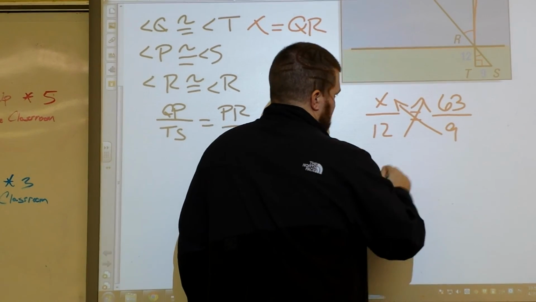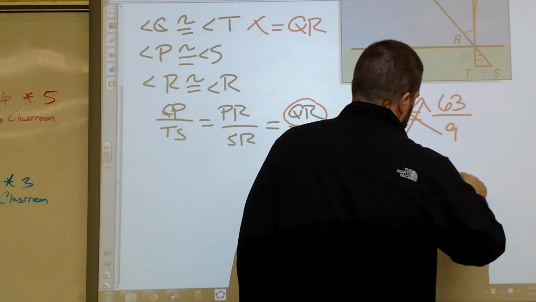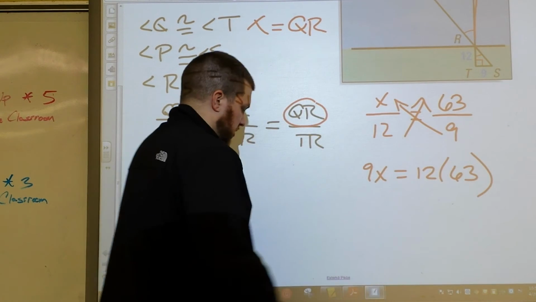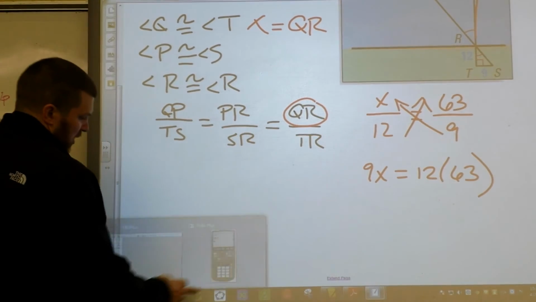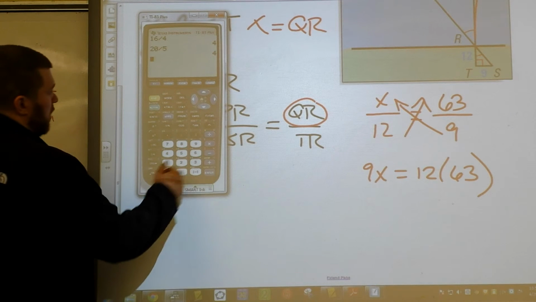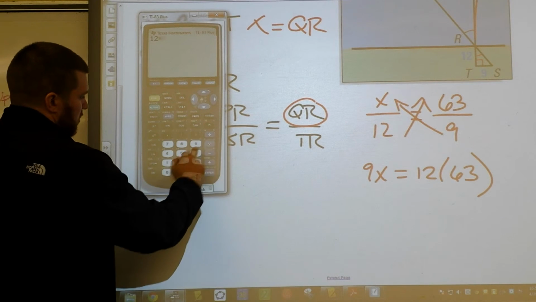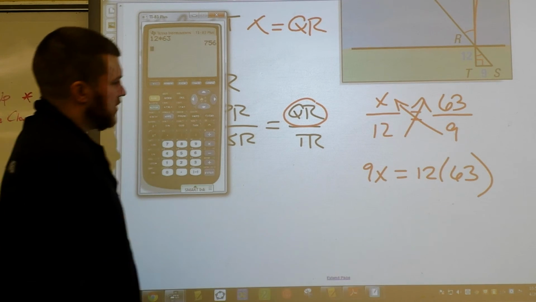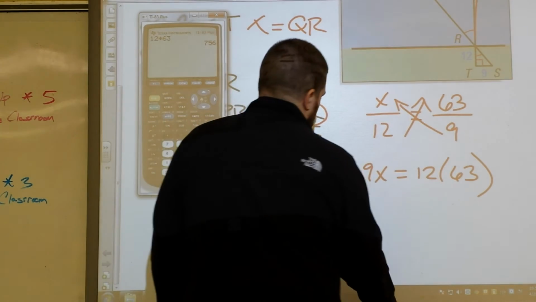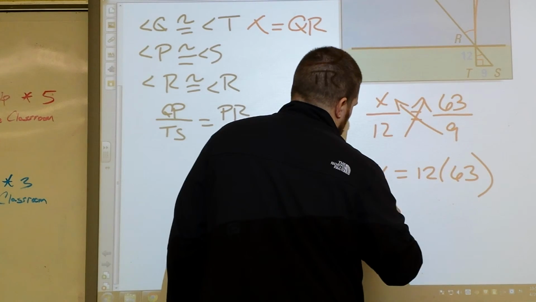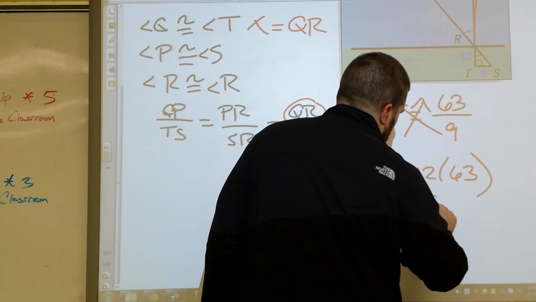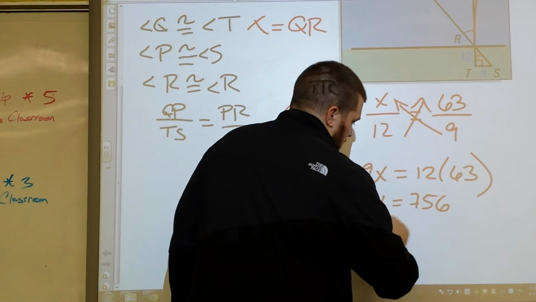So 9x equals 12 times 63. That's kind of a big number, so I'm just going to use my calculator to save some time. I could do it by hand, but why when you have the technology? So 12 times 63 is 756. So 9x equals 756. Now what I want to do is divide by 9 on both sides.